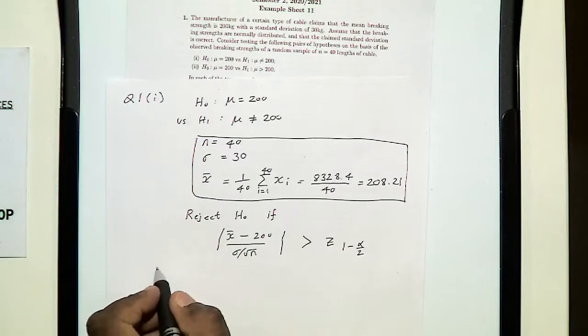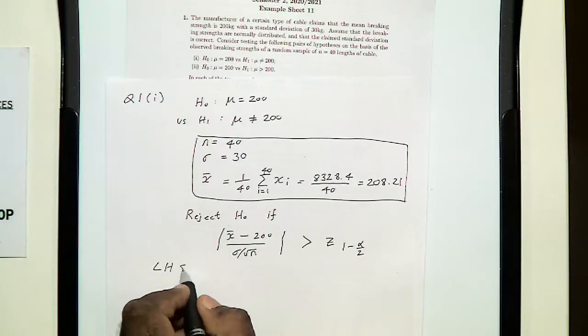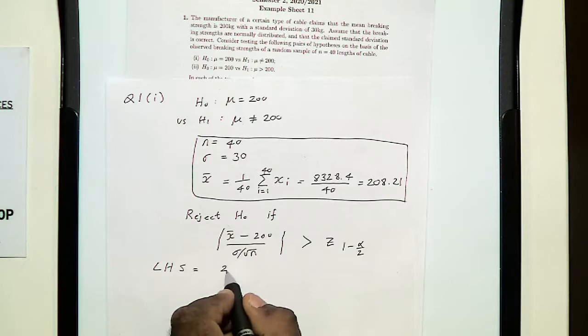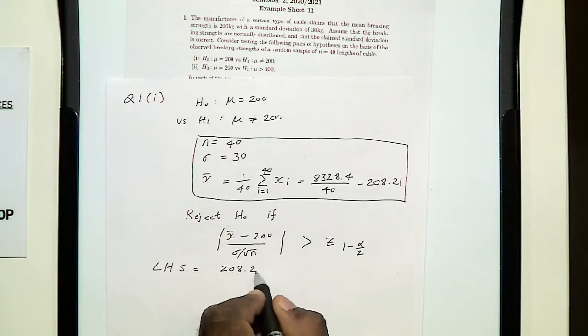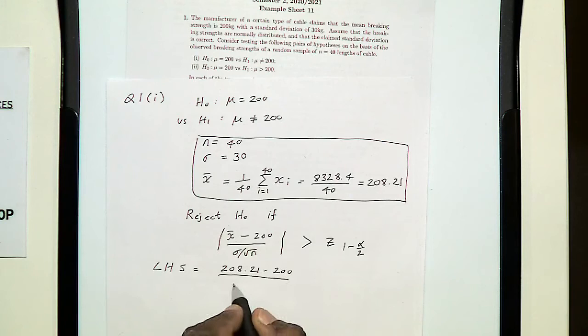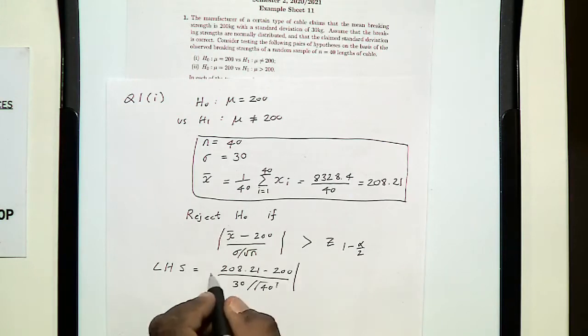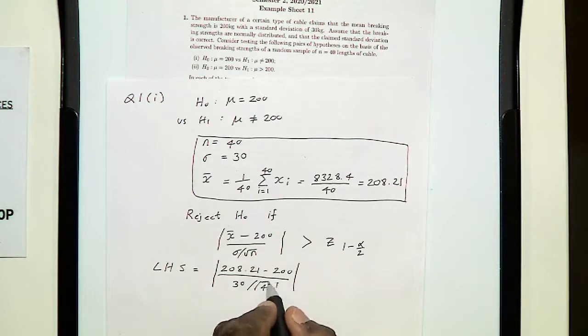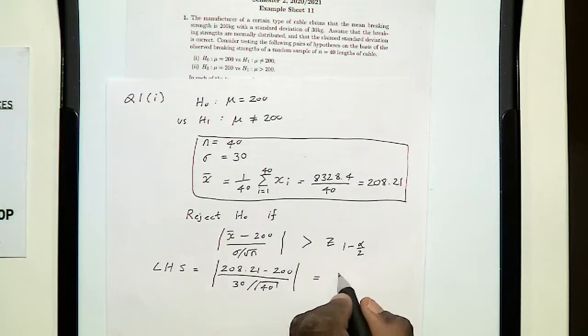Let's start with the left hand side. It's going to be 208.21 minus 200 divided by sigma, which is 30, over root n, n is 40. If you work this out, you will get 1.731.